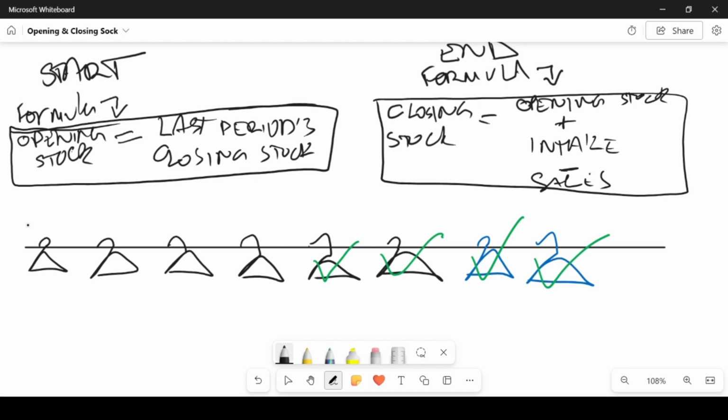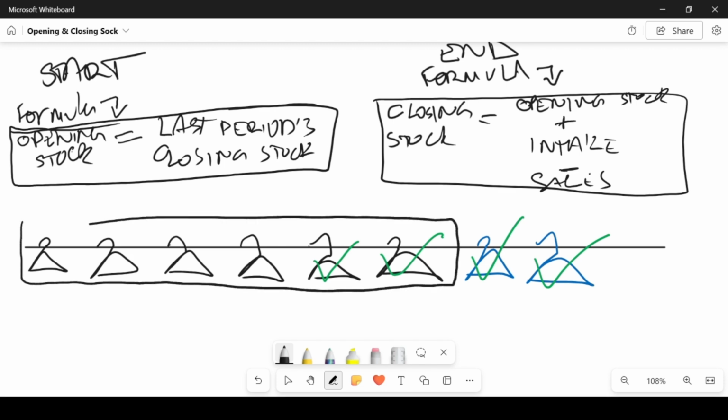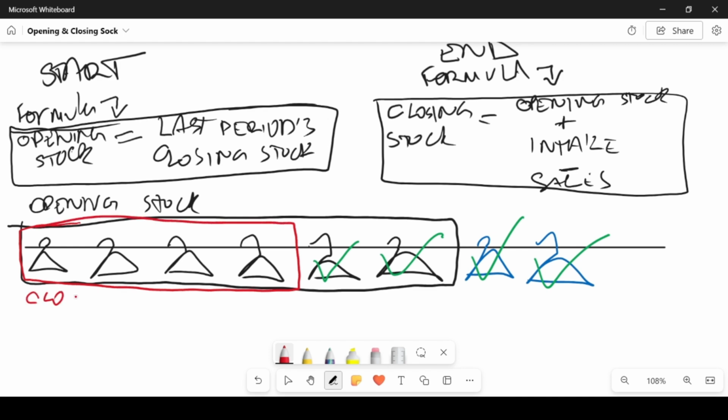So your first initial 6 items that you started the week with, this would be your opening stock. And then the remaining items that did not sell, this is our closing stock. So we closed the week on 4 items.